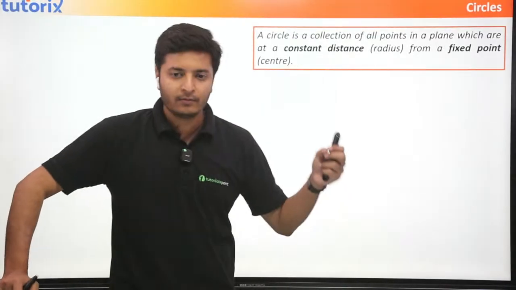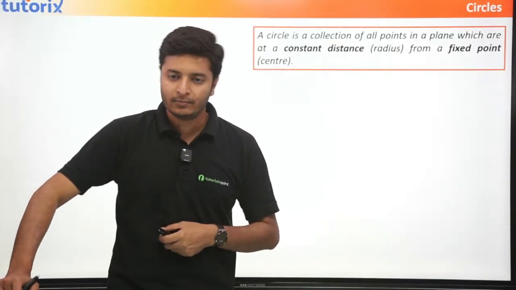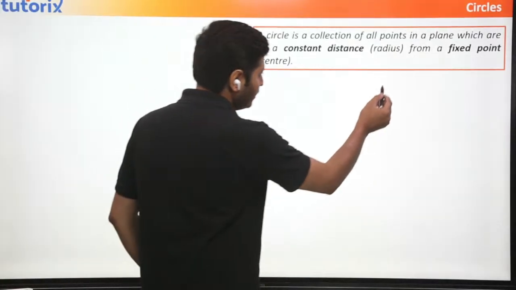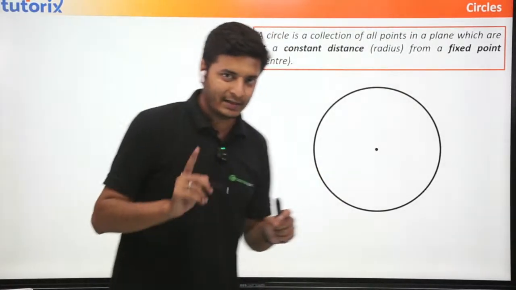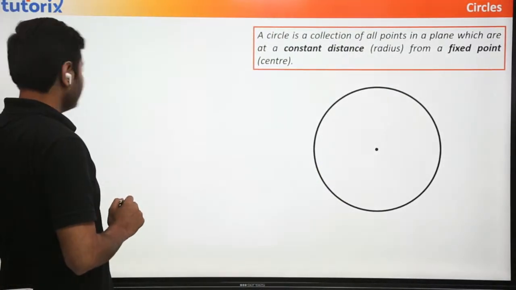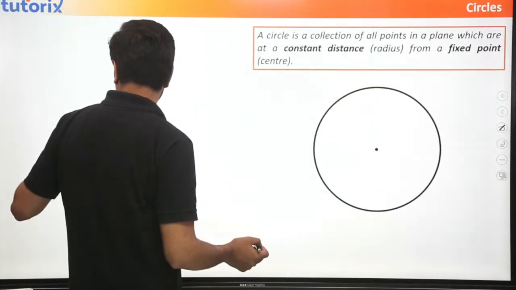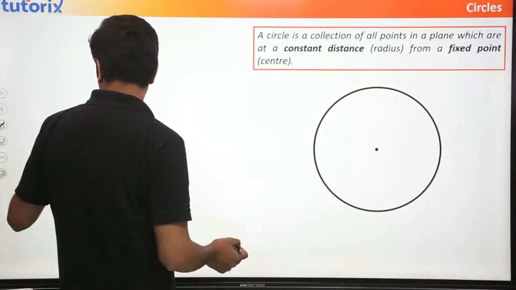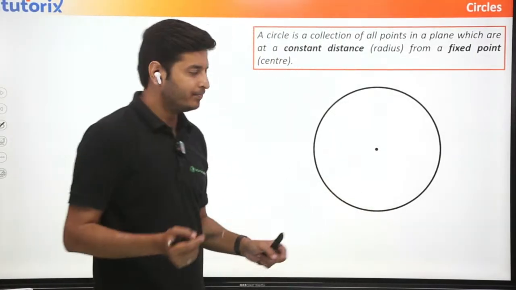A circle is a collection of all points in a plane which are at a constant distance, the radius, from a fixed point. If I'm drawing a circle like this, you can see the center point.